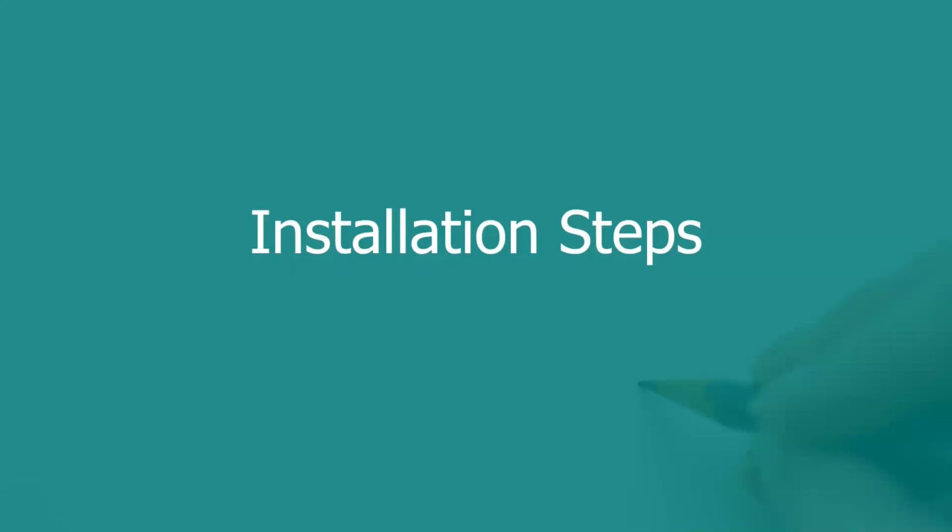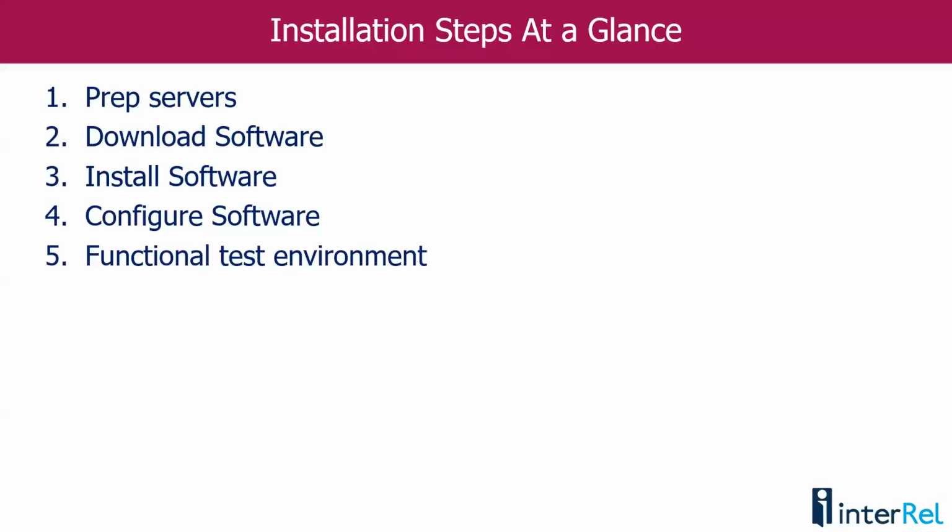Okay. So we're back to our installation steps. The first step for the installation would be the server prep. And this is installation at a glance. We then would need to download the software.